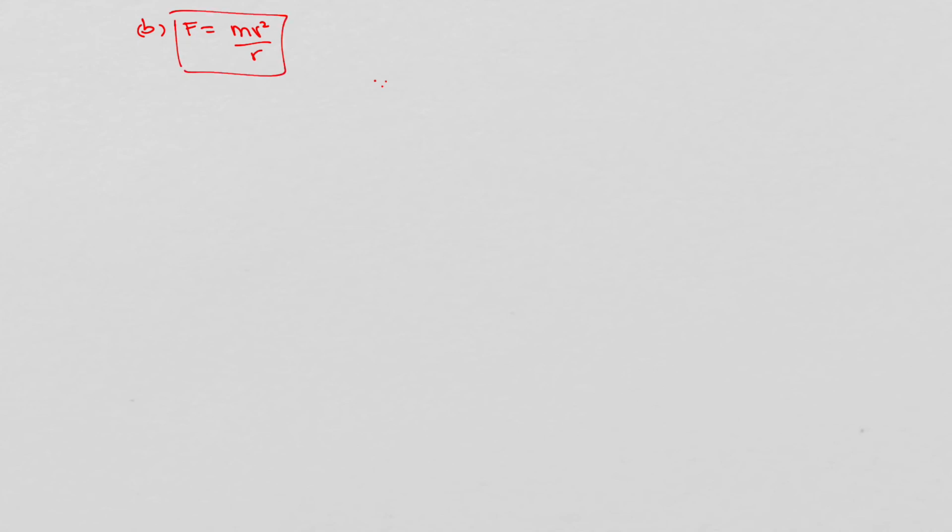So therefore we can work out our radius based on this path. So therefore the force on the electron due to the magnetic field is equal to the centripetal force.